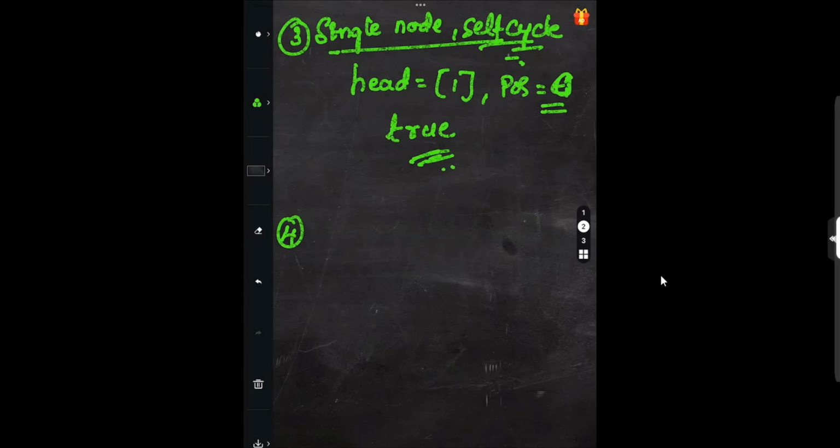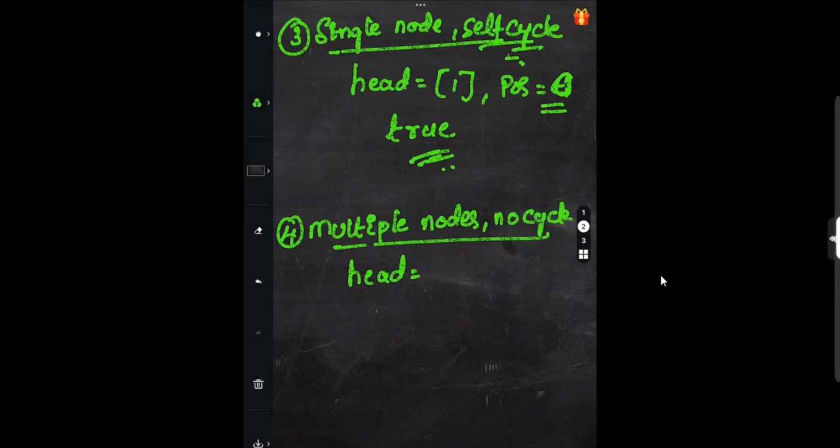Let's go with the next edge case, multiple nodes with no cycle. Let me consider the input head 1, 2, 3 and position -1. The output will be false here.